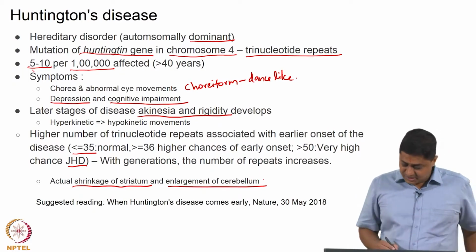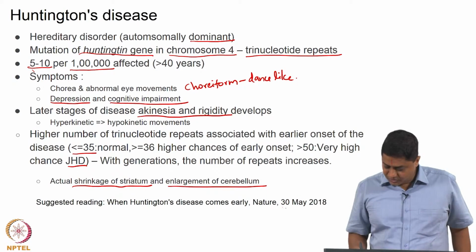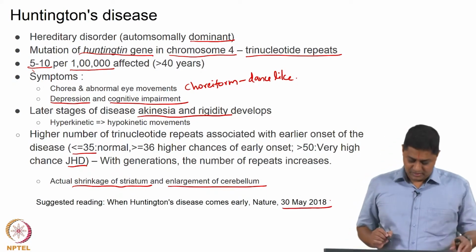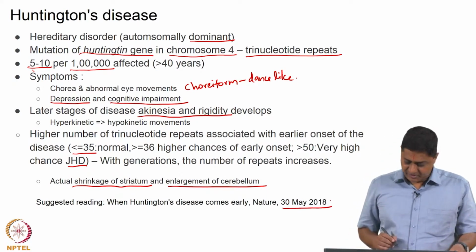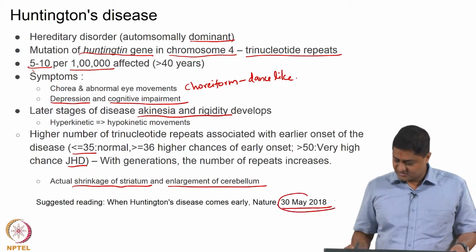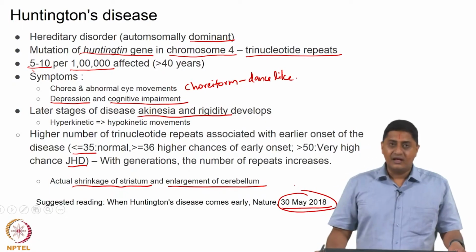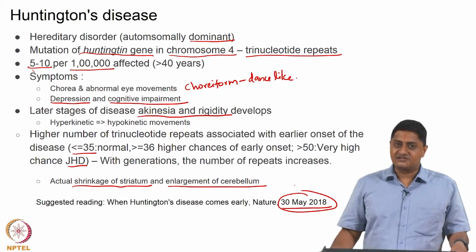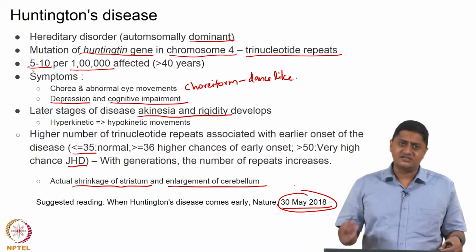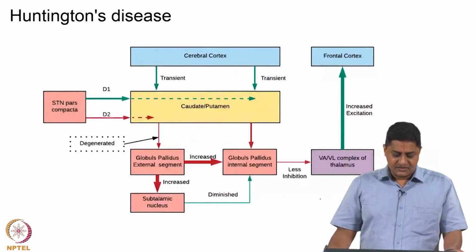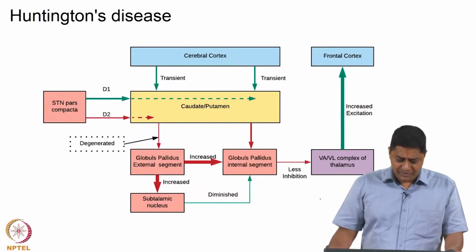Please do read the most recent article on this topic in Nature, when Huntington's disease comes early, 30th May, which is just a few days ago, where the details of this are discussed, and there are a few other accompanying articles that I suggest you read. So, what exactly is happening in this disease, what pathway is affected?